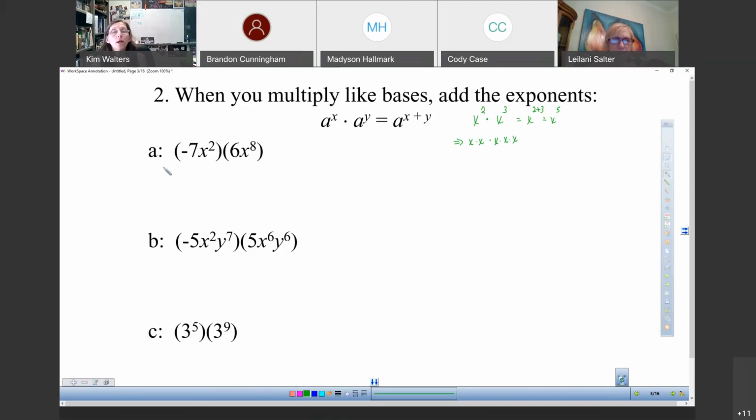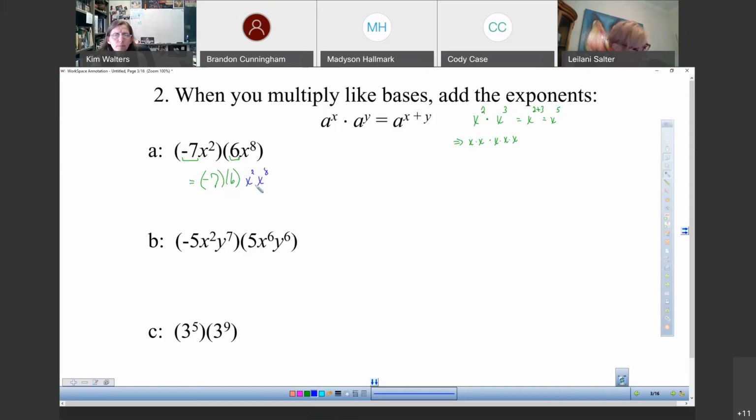Now, when we look at part A here, we have some numbers that are multiplied along with our x's. And so the numbers we're going to treat just like we would multiply any other numbers. So this is going to be negative 7 times 6, which will simplify. And then we have x to the second times x to the 8th.